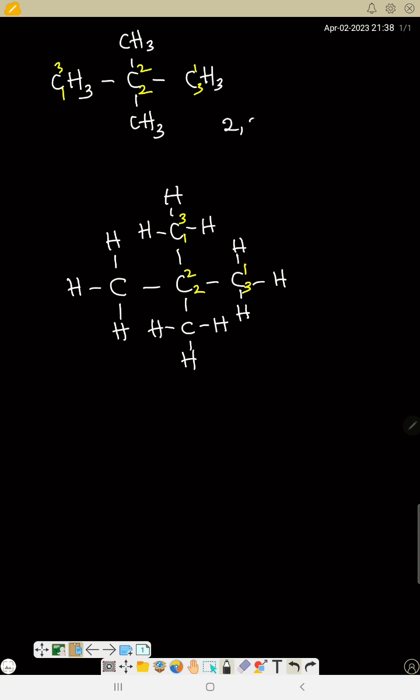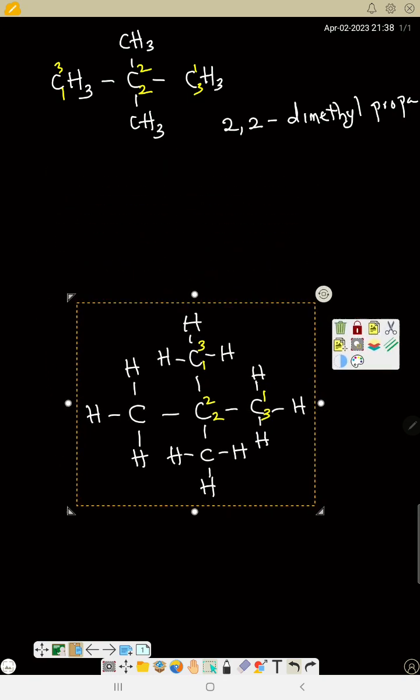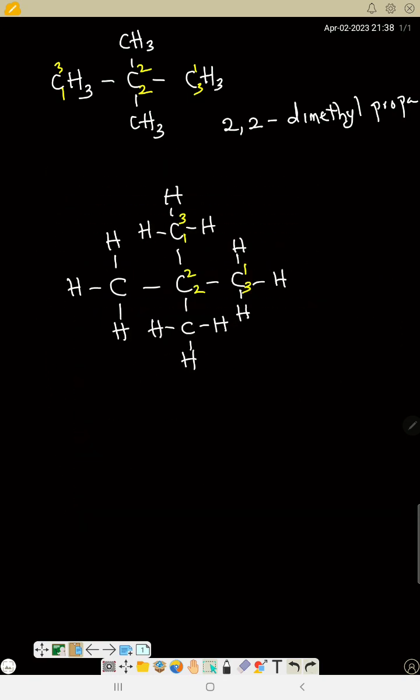Remember, between 2 numbers you use a comma, between numbers and alphabet you use a dash. So 2,2-dimethyl propane. That will be the name: 2,2-dimethyl propane.